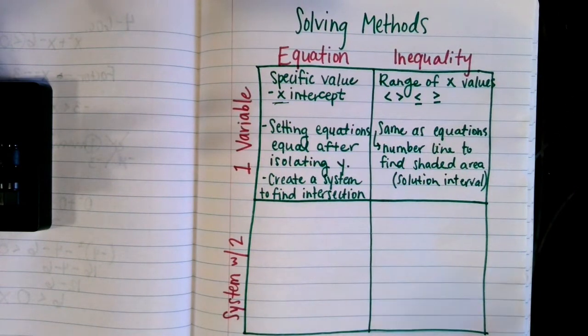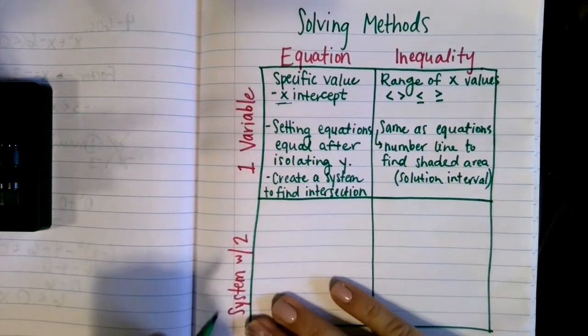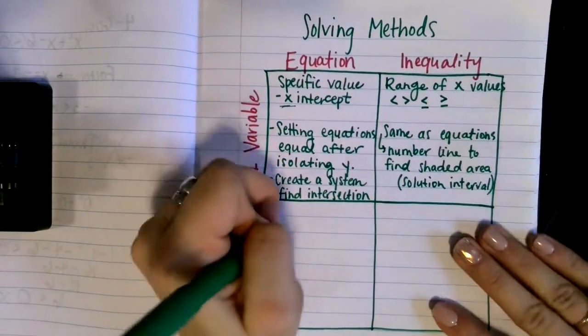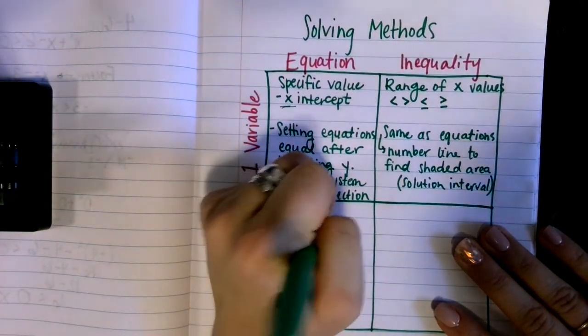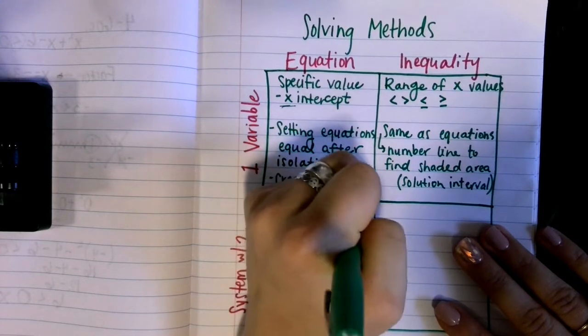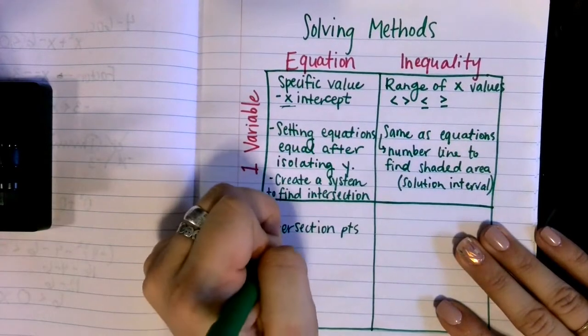Now a system, when we have two variables here, to solve, we're looking for intersection points. So we want both an x and a y.